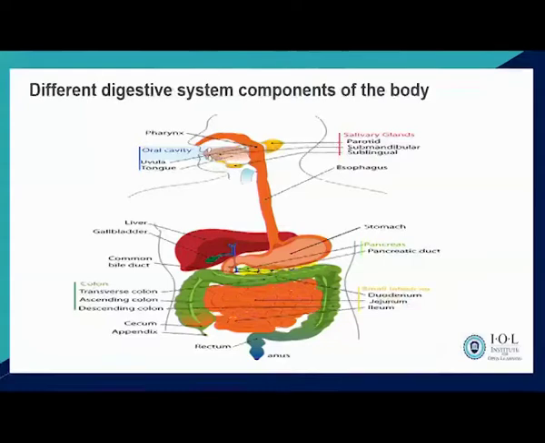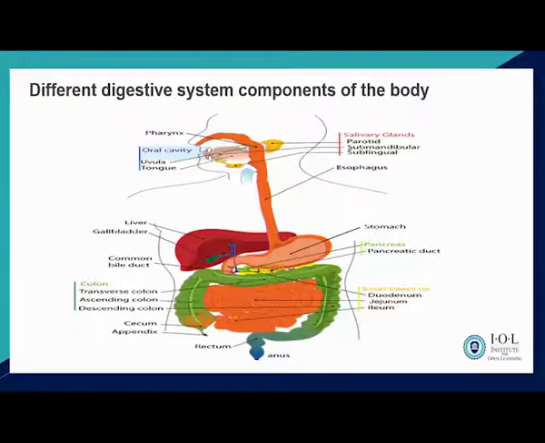From the pharynx, it gets into the esophagus and then into the stomach. Then you also have the liver, and the liver has a gallbladder that stores bile.